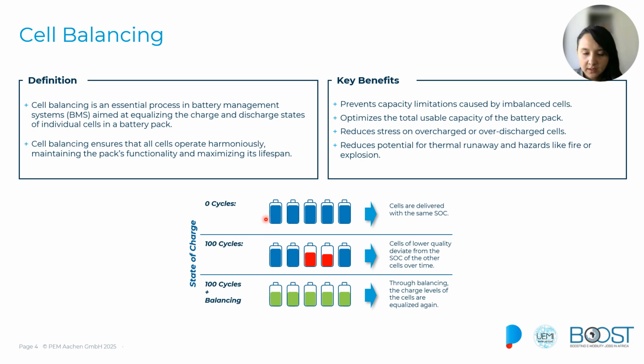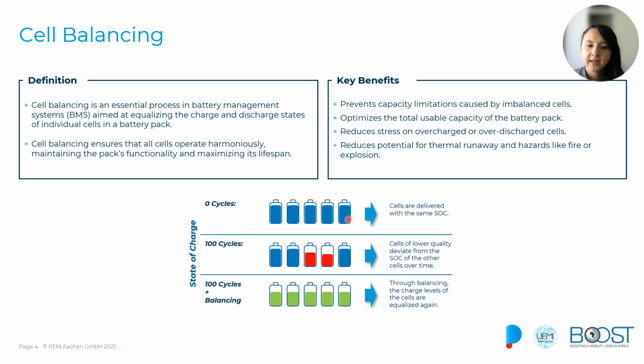This is again graphically to see why we need the cell balancing. Here we start with a battery that is composed of 5 cells, and at the beginning all of the cells will deliver the same energy and have the same state of charge, since they are completely identical and coming already matched from the manufacturer.